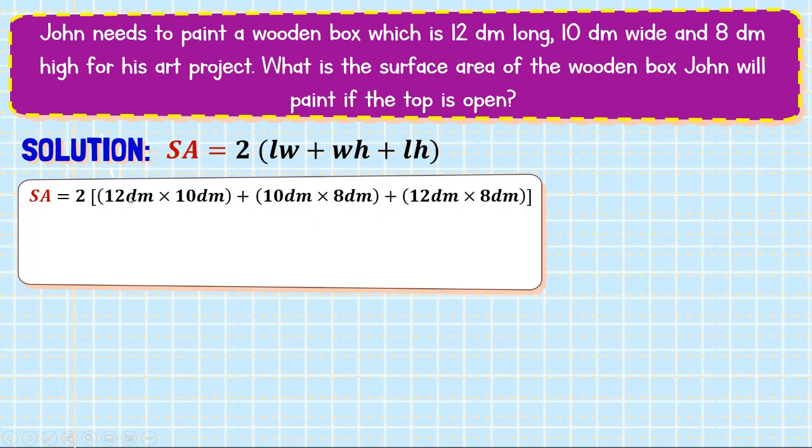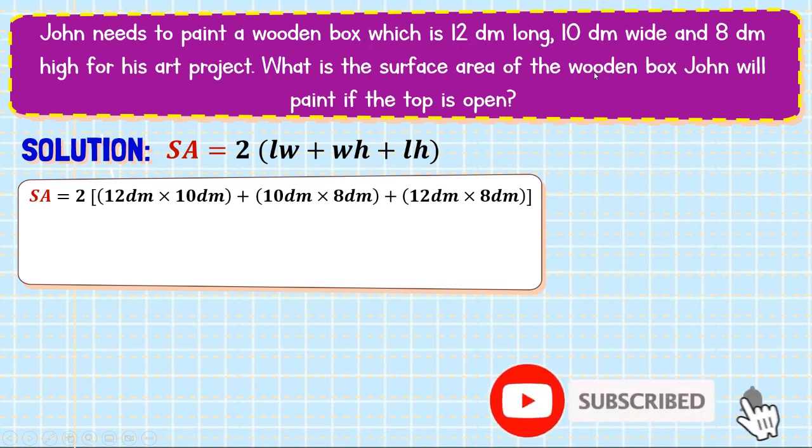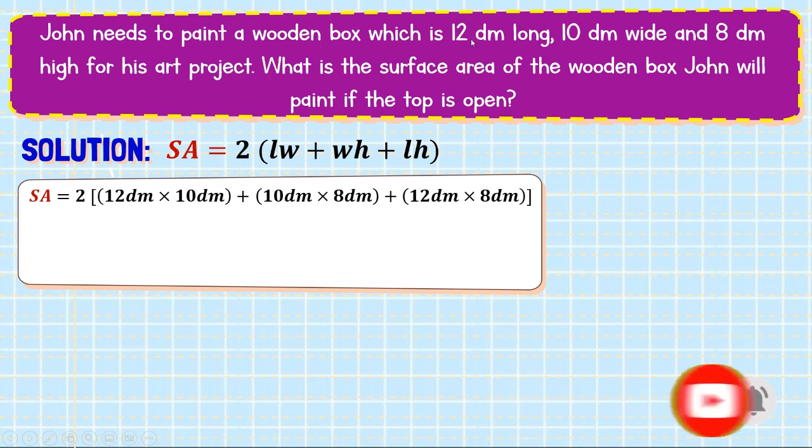Length is 12 times width, which is 10, plus the width 10 times the height, which is 8, and then the length 12 times the height 8.